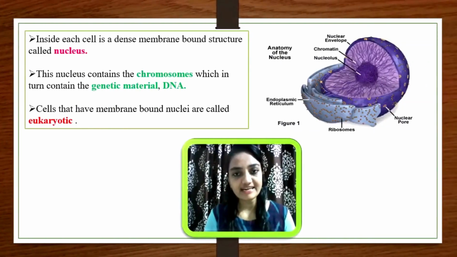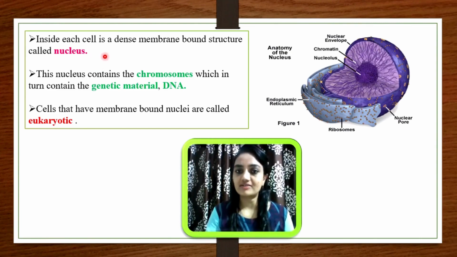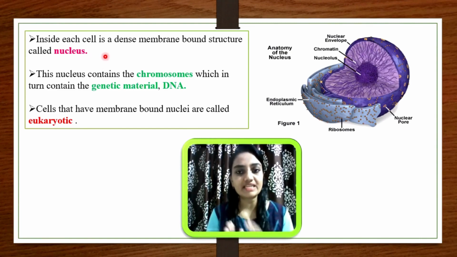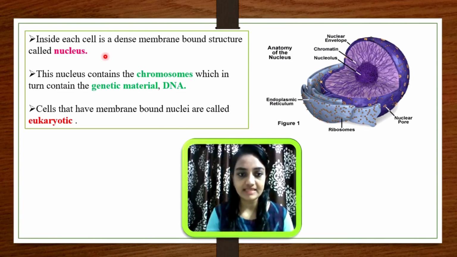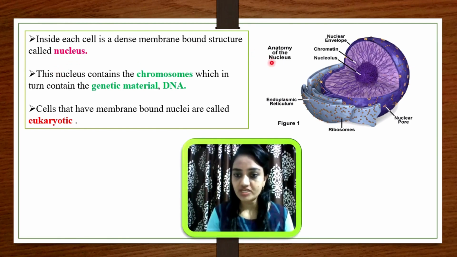Before we start learning in detail, let me summarize all regions of the cell. Whenever you observe any cell, whether plant or animal, a dense membrane-bound structure will be observed in the center of the cell, and that is the nucleus. The nucleus contains chromosomes made up of DNA, which contains the genetic material.